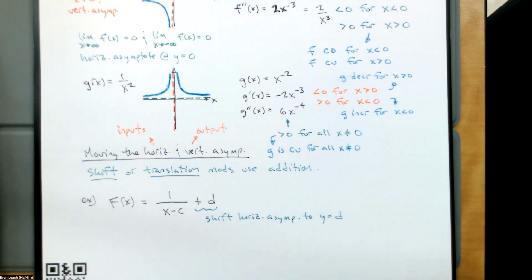I'm just taking the whole graph of 1 over x minus c with that horizontal asymptote at 0, and I'm adding d to it. So it's going to shift it up or down. The x minus c is going to shift our vertical asymptote, because that's going to change the 0 of the denominator of our rational function.